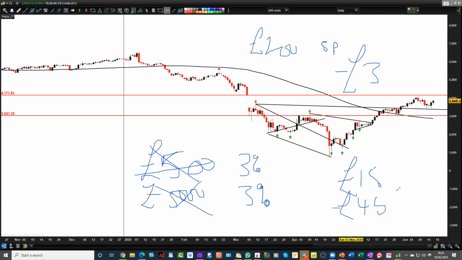Oh look, I've got stopped out, I've lost £45, I must win that back. I'll go in again, I'll keep it at £3 because I can make my money back quickly. And you lose another £45. So if you're trading on your own and you're not using risk management and you don't have a system you can follow, you could wipe this out very, very quickly. And I'll be totally honest about that.